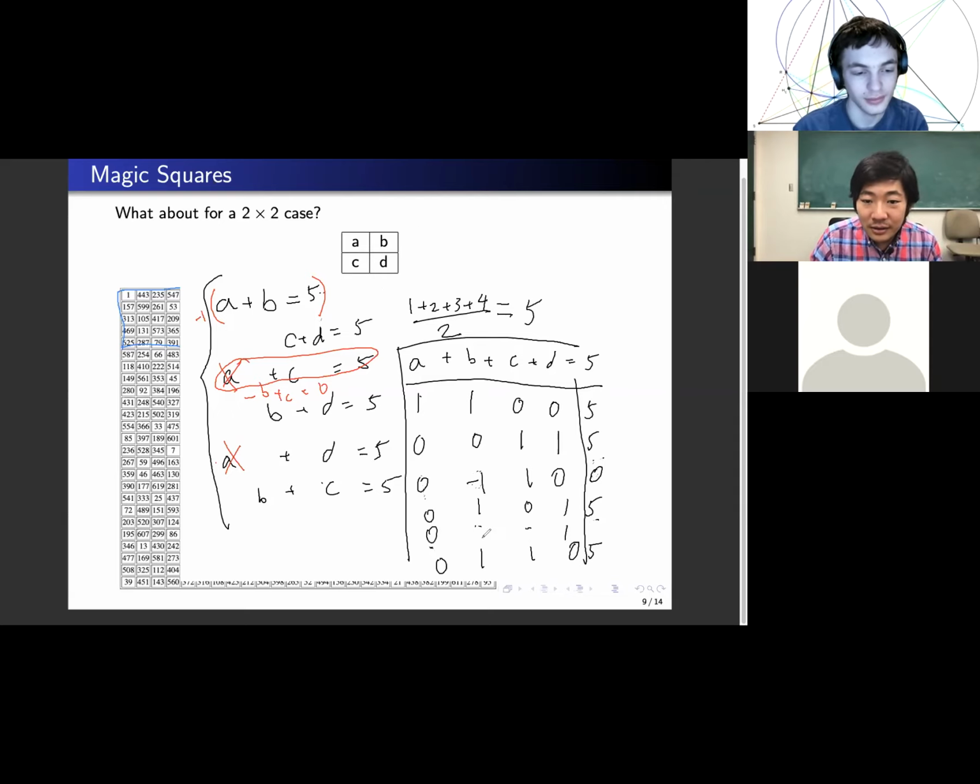So 0, negative 1, 0, 1, and 0. Looks good.